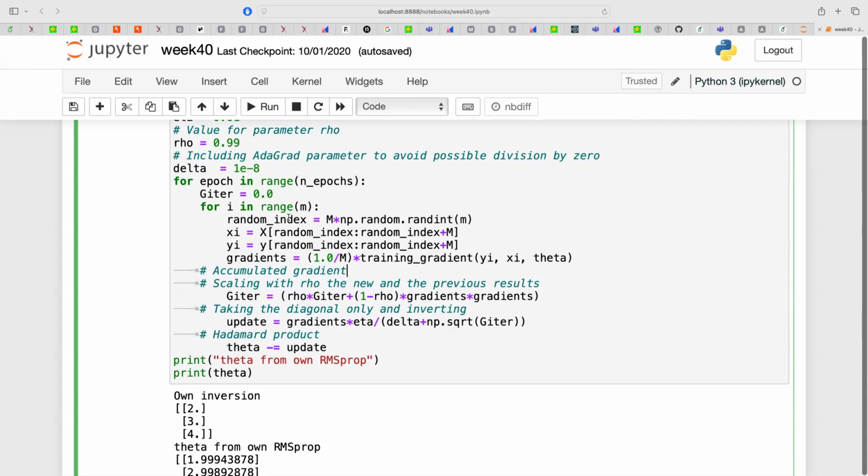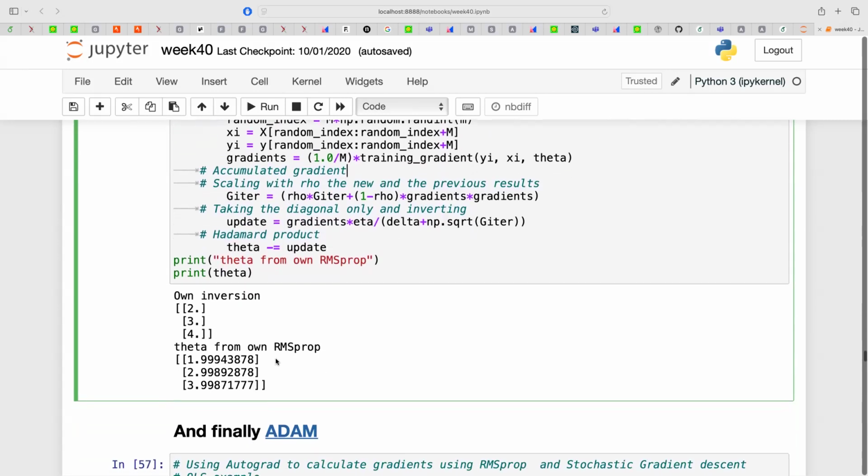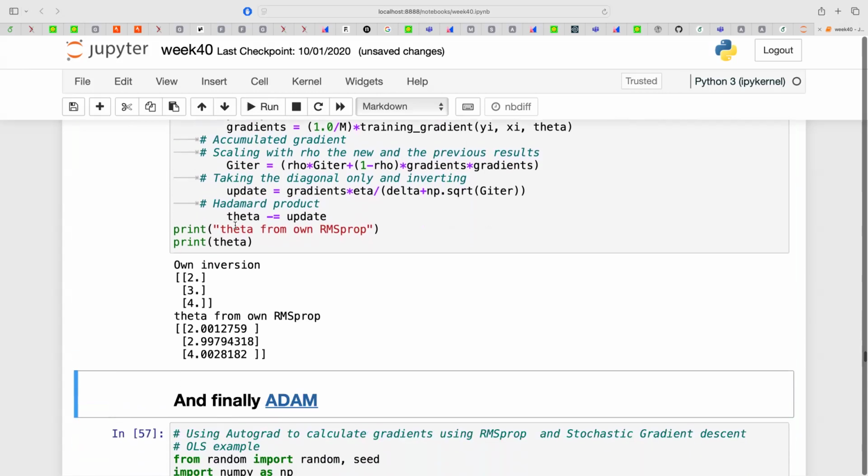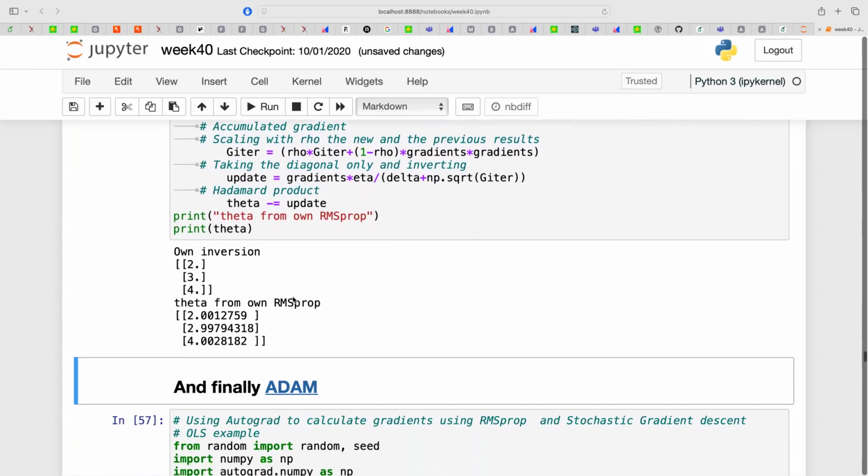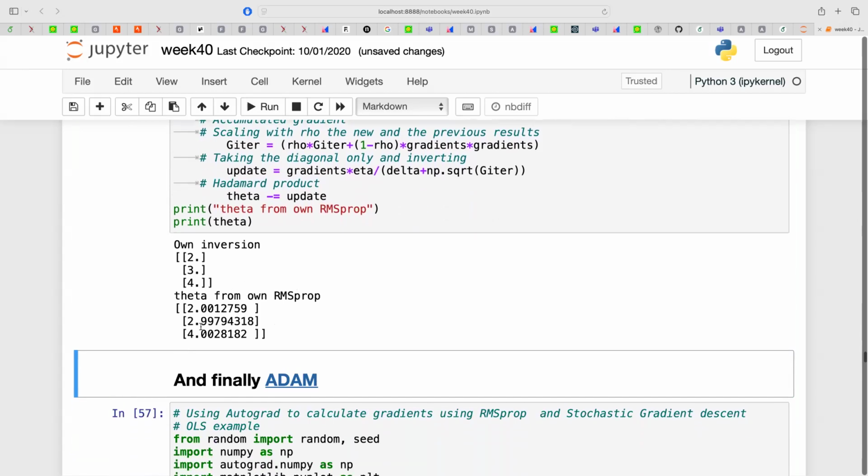And again, you see that if I use root mean square propagation, I'm getting a pretty decent result. I could rerun this one. And you see that every time I rerun it, if I have different random numbers, then I will get different results. But you see again that this result is pretty okay. To roughly the third and the fourth digit, I'm getting something which is pretty close to what I would get from exact matrix inversion.